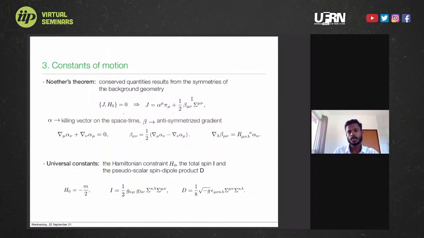In addition to the space-time symmetries, there are universal constants, similarly to test particles. The Hamiltonian itself is a universal constant. And here, additionally, we have the total spin I, which is defined like this, and the pseudo-scalar spin dipole product, which is D, which is again defined like this. And this is going to be very useful. These conserved quantities are going to be very useful for dealing with this problem.